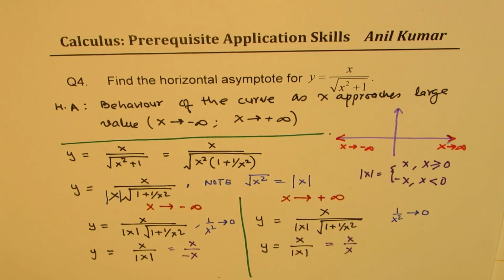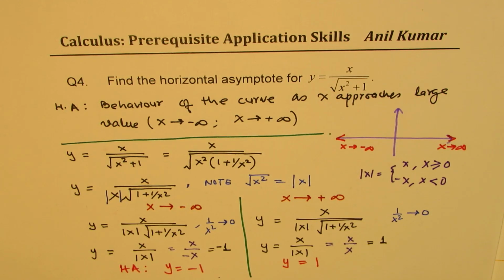Now clearly you can see in this case y is equal to 1 with a negative sign, and here y is just 1. Since it is approaching a constant value, there is a horizontal asymptote, right? So we have a horizontal asymptote which is y equals minus 1, and in this case y equals plus 1 is the horizontal asymptote. You get the idea.